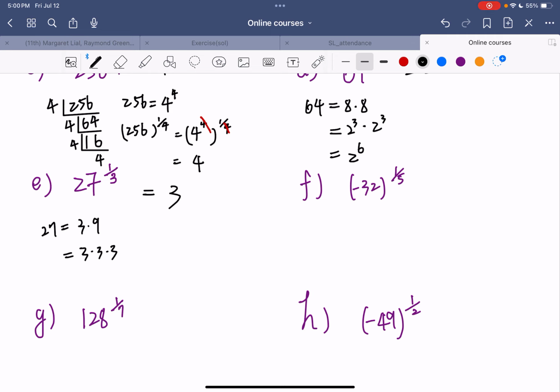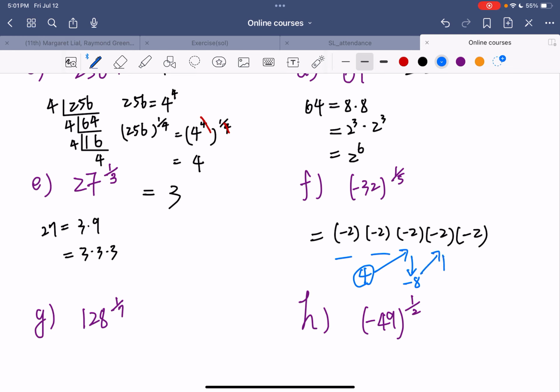negative 32. So we can write negative 32 into negative 2 times negative 2 times negative 2 times negative 2 times negative 2, right? 1, 2, 3, 4, 5. So when we times this 2 will become 4, and 4 times this one we will get negative 8.